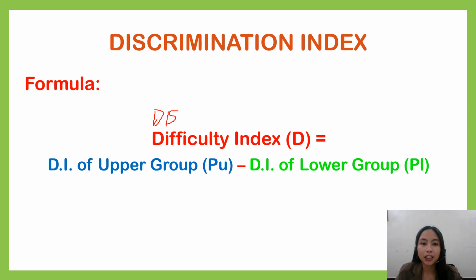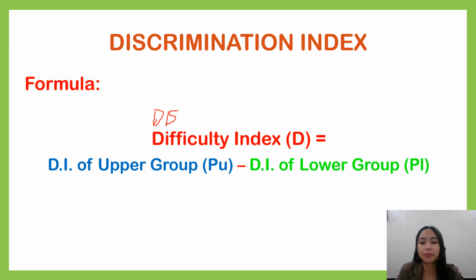So, again, discrimination index is equal to the difficulty index of upper group minus the difficulty index of lower group. So, para makuha natin si discrimination index, isubtract natin ang difficulty index from the upper and lower group.